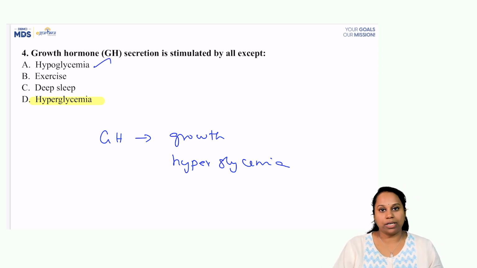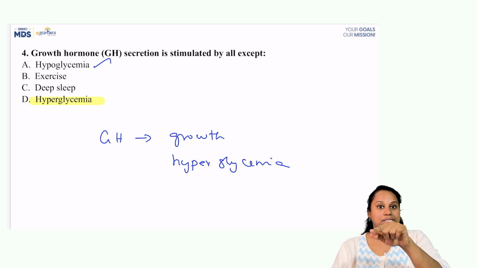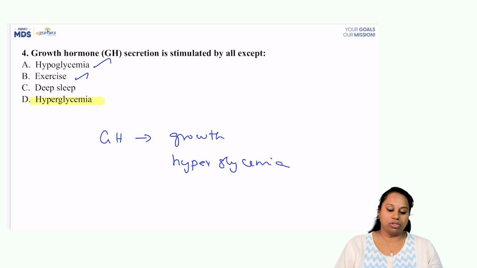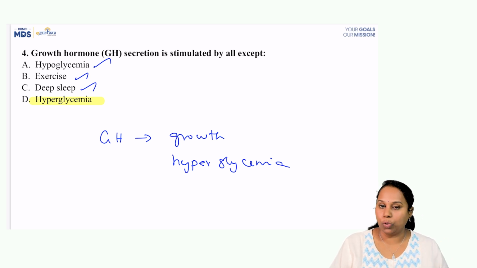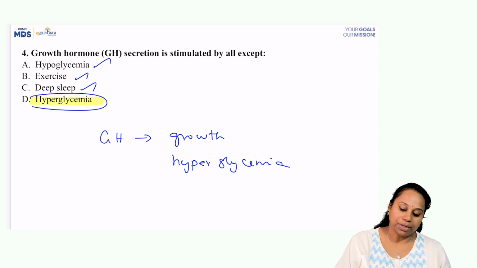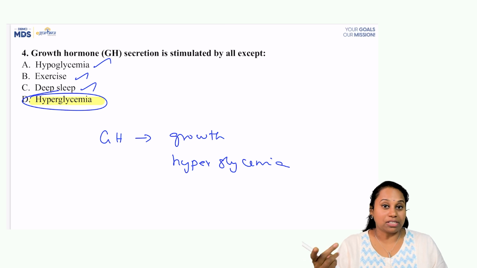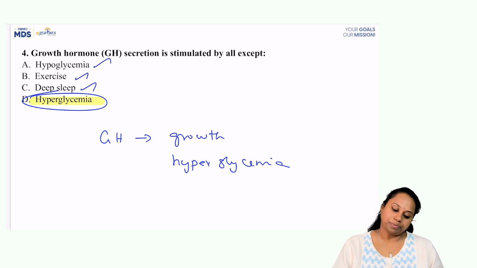Hypoglycemia can stimulate growth hormone because growth hormone causes hyperglycemia. During exercise you need more glucose, so that can also stimulate growth hormone. Sleeping, when you sleep, you will grow, so during sleep growth hormone is also stimulated. But not hyperglycemia, because hyperglycemia is the effect of growth hormone. It is not the stimulus for growth hormone.